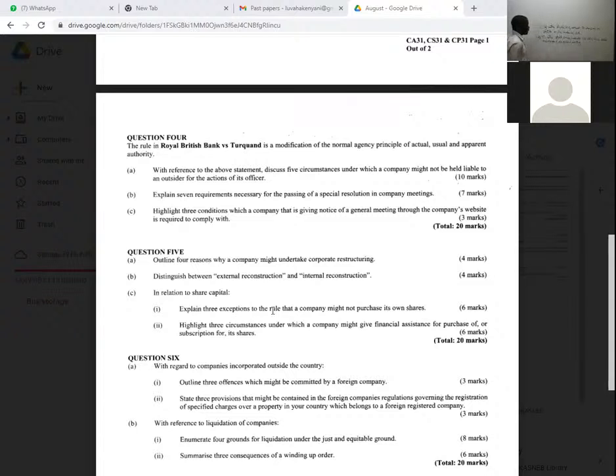So the notice should clearly indicate the date, time, place, and agenda of the general meeting.